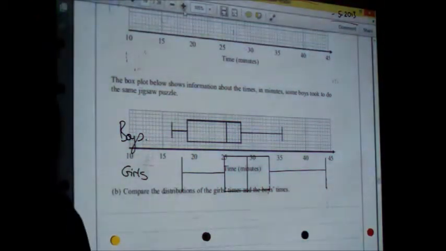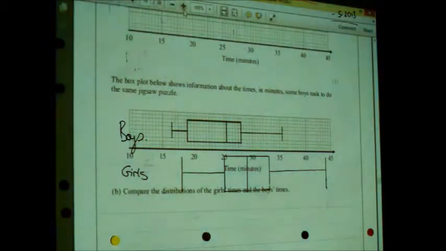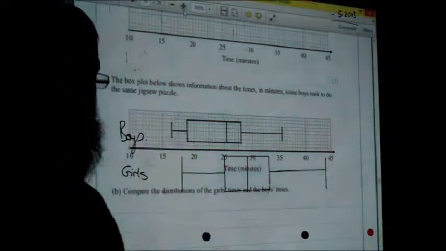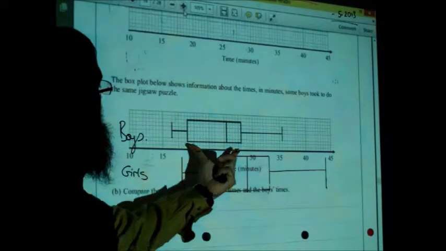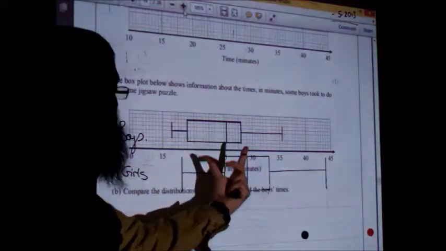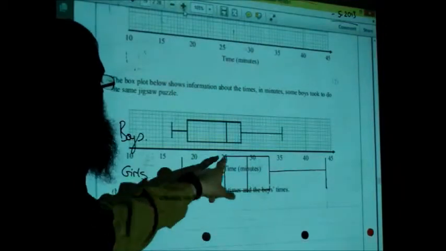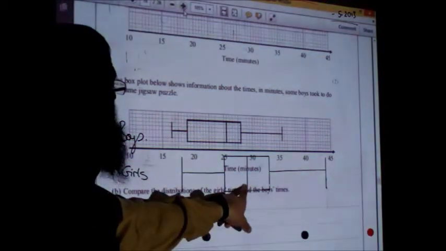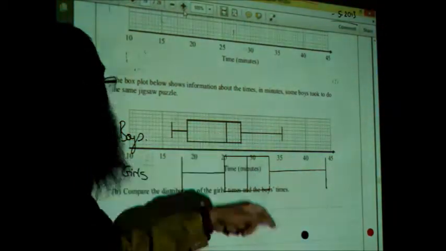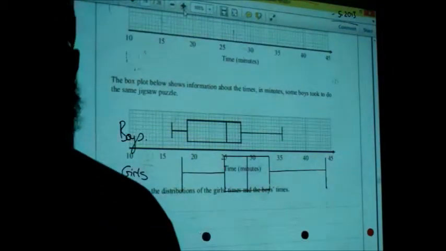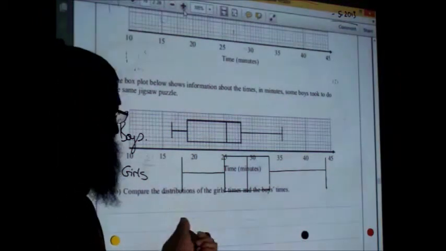Okay, so we need to make a comparison between the two graphs, between the two box plots. So one of the things that we can notice is that the boys' interquartile range is much bigger than the girls. We can see that the girls' median value is higher than the boys. So any of those two particular comments are something that we can write down over here.